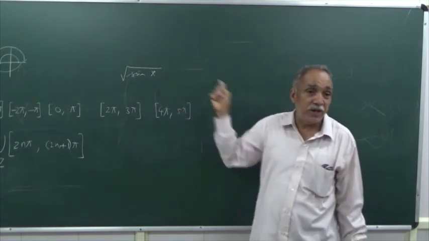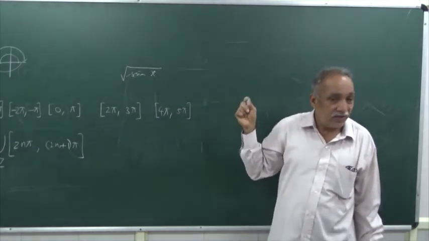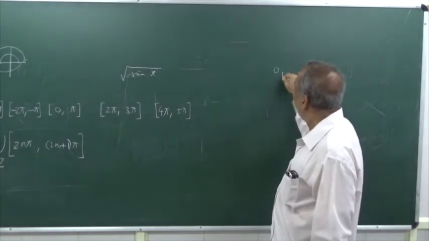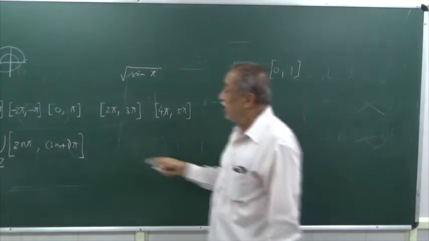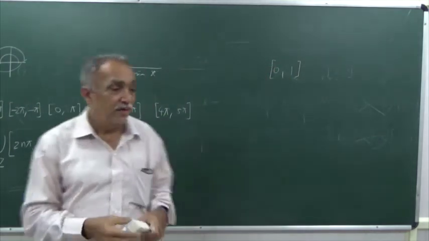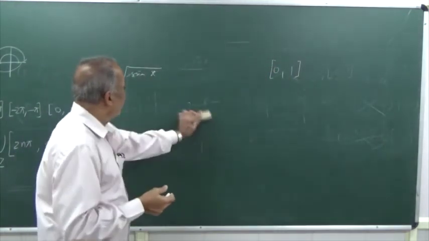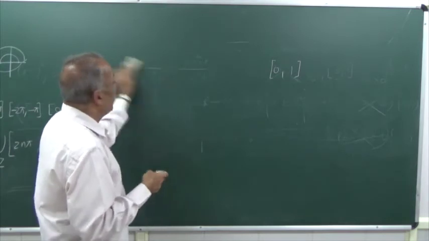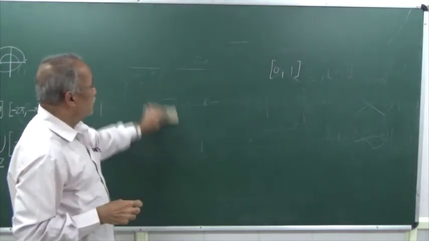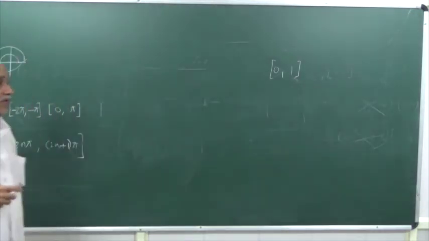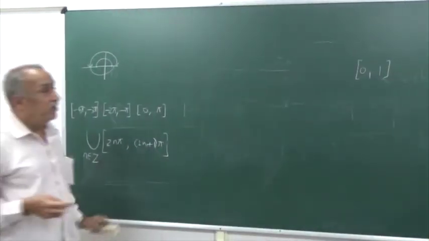When you apply square root, 0 to 1 will be the range, and this will be the domain. Okay, cosecant x need not discuss because secant has already been discussed.